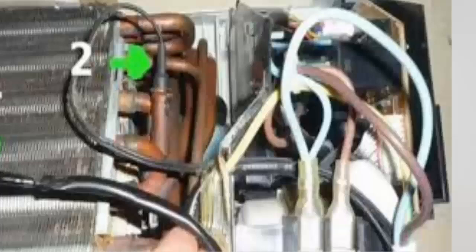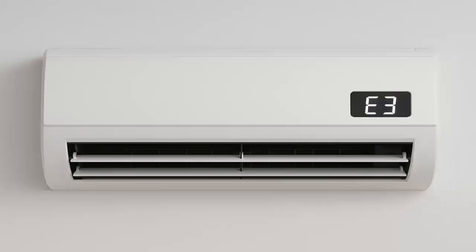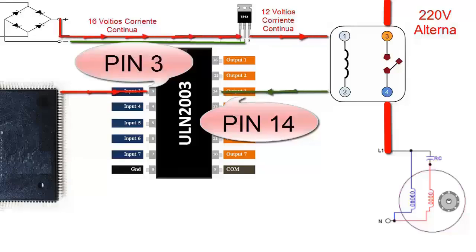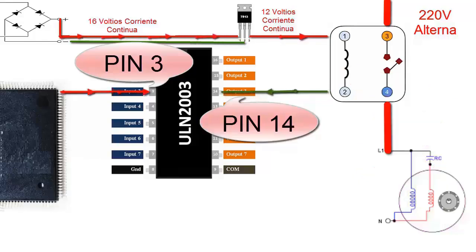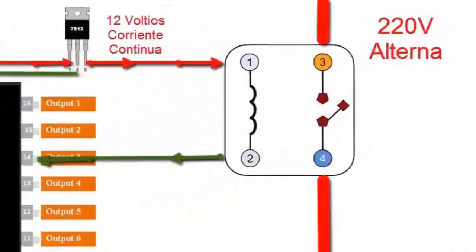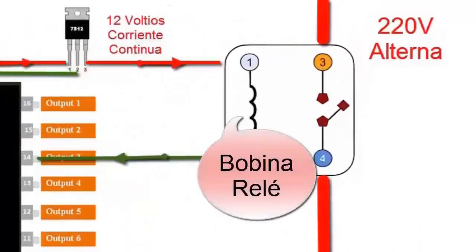E. Check electrical connections and the fan activation system. This may be controlled by a relay or a triac. Now, the system relay contains an internal coil powered by 12 volts. But for current to flow through this coil, the ULN 2003's pin 14 must provide ground.